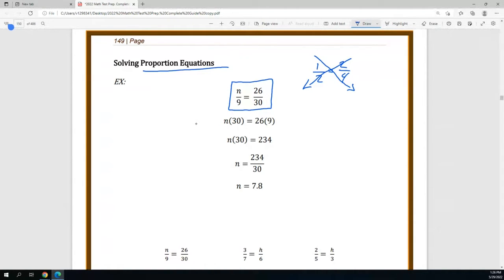Let's see if that's true. If I take 1 and multiply it times 4, I get the number 4. And if I take the number 2 and multiply it times the number 2, I get the number 4. So are these two products the same? Yes. So this is true.